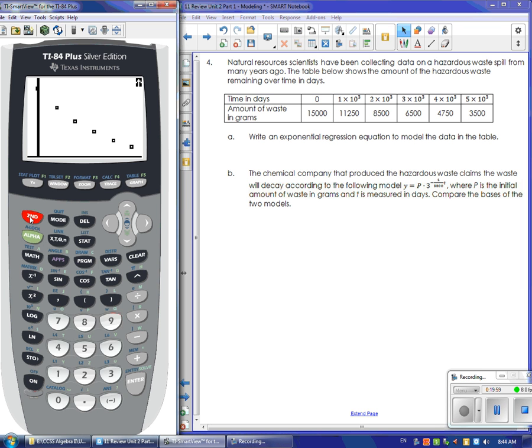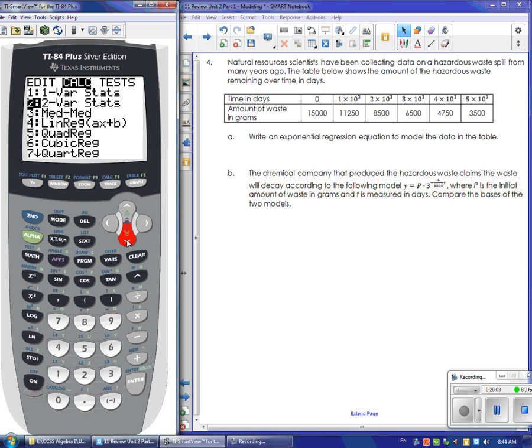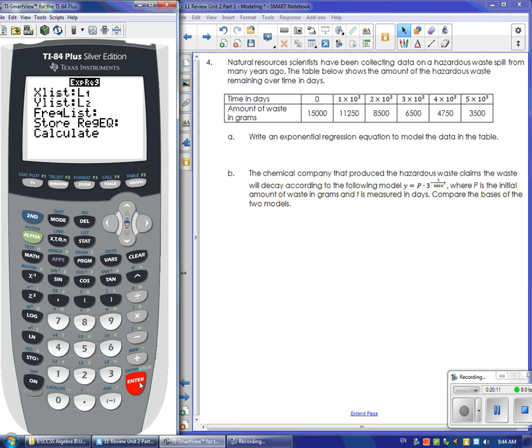And so if I go back to my home screen, we're going to go to Stat, Calc, and then scroll down until you see exponential regression. And again, I want to make sure I let the calculator know where my data is. X's are in list 1, Y's are in list 2. Ignore the frequency list, and I'm going to store this in Y1. So I'm going to go to vars, Y vars.